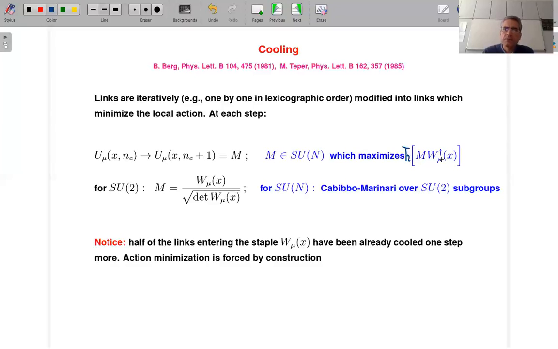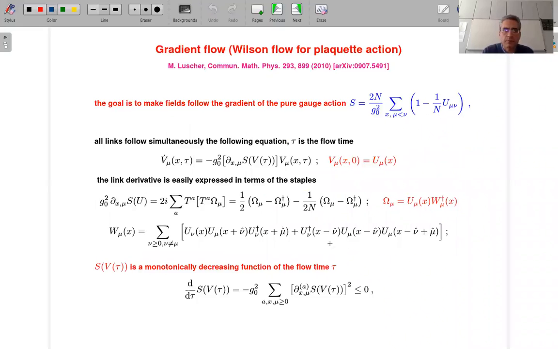So this W mu is the staple going around the link. So it's the sum over all the staples, which is the same quantity which appears in the gradient flow. This W mu is nothing but the sum over all the staples around the given link.